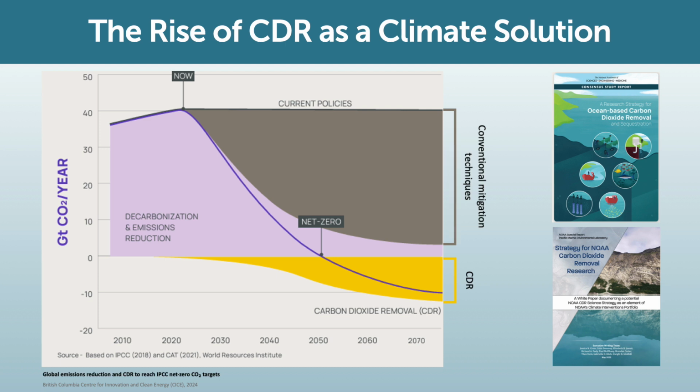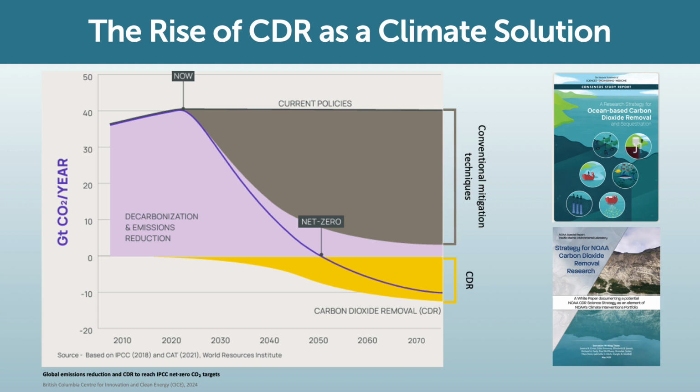As the revelations about the major need for investment in CDR have emerged, the scientific community has begun focusing on marine CDR in a bigger way. On the right of this screen, you can see a report by the National Academies of Sciences from 2022 and another report from NOAA in 2023.